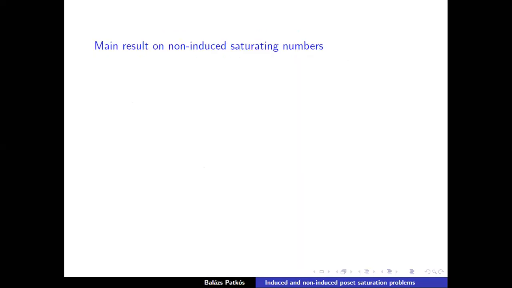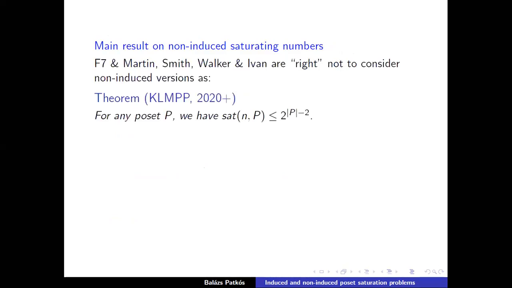Okay, so what are our results? I will show you at least one non-induced result, and one or two induced results. About the non-induced result: basically it says that the people from the previous slide were absolutely right not to consider non-induced versions, because this is always bounded by a constant.